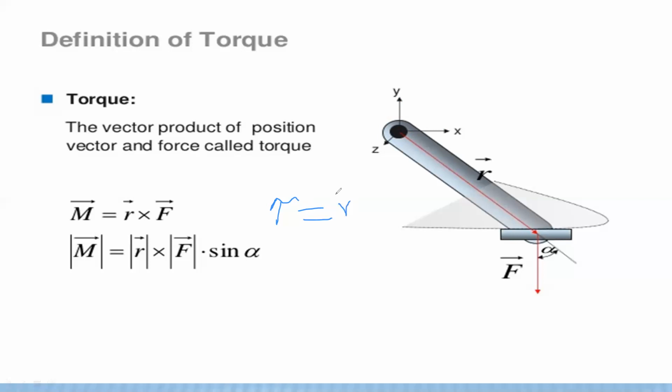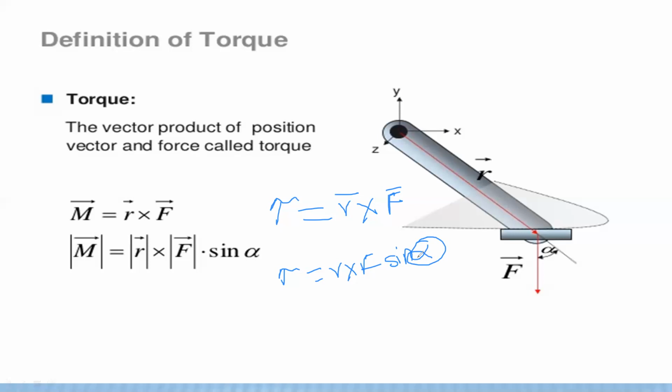It is radius r into how much amount of force is acting on that body, that is F. That is the formula. And we can get the torque tau equal to resultant R into F sine alpha. The object is placed at some amount of angle, that is alpha. The alpha indicates the angle of rotation of the object.